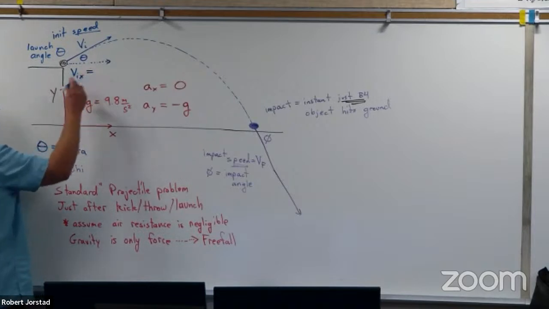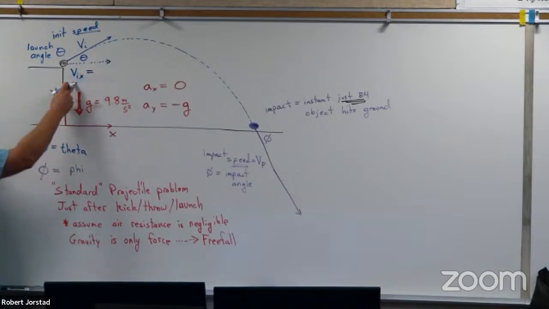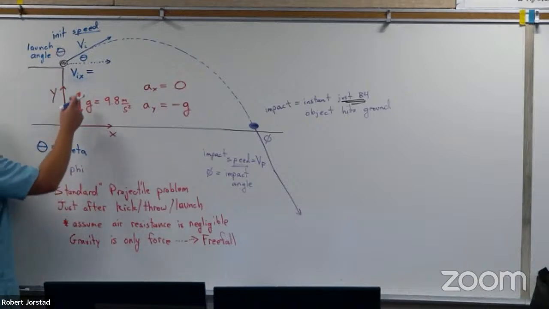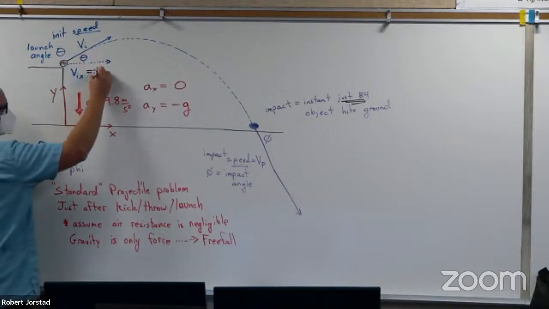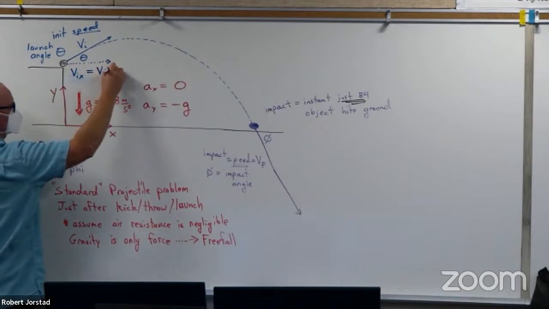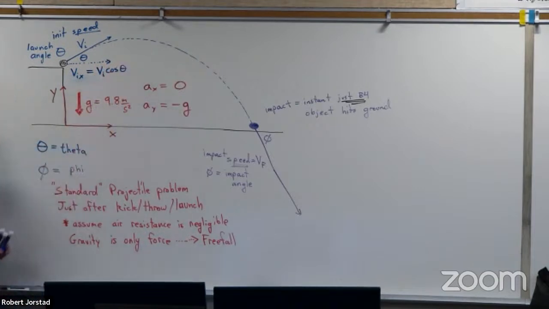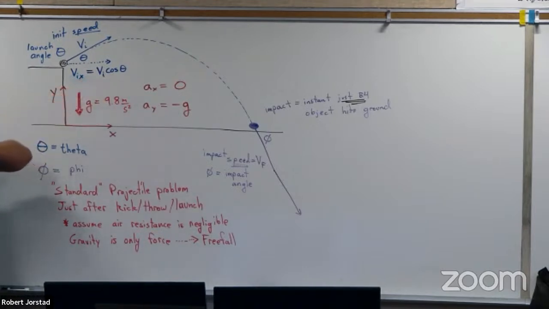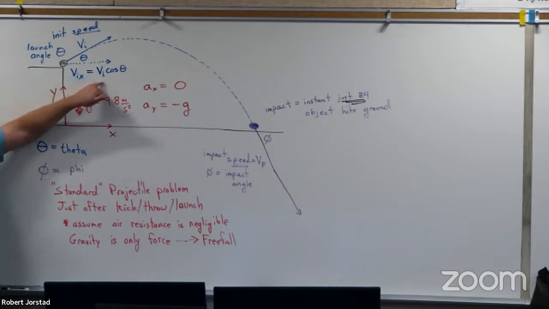v initial x in this case would relate using SOHCAHTOA. Because it's adjacent, I can tell I'm going to end up with a cosine theta right here. Notice the subscripts. v initial x is related to v initial using the angle. What you don't want to do is say v initial x equals v initial x cosine theta.